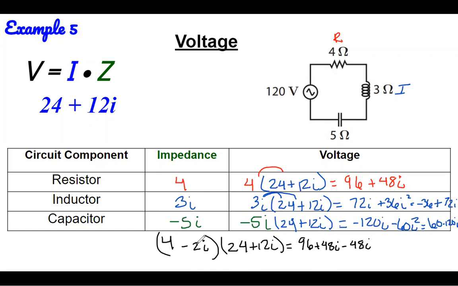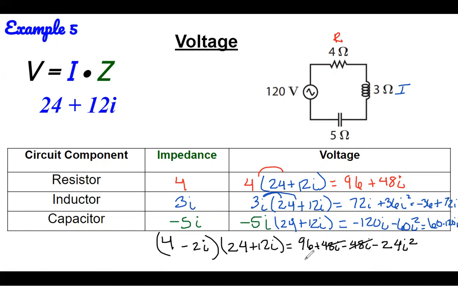And the last one, negative 2i times positive 12i, negative 24i squared. What happens to my 48i and my negative 48i?